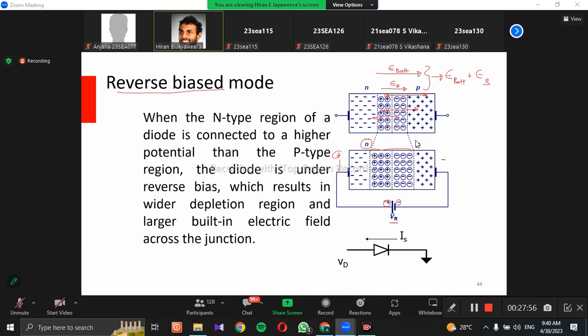This is kind of an area where there are no free charged particles to move here and there. It's like this region is some sort of insulator. Is it clear?